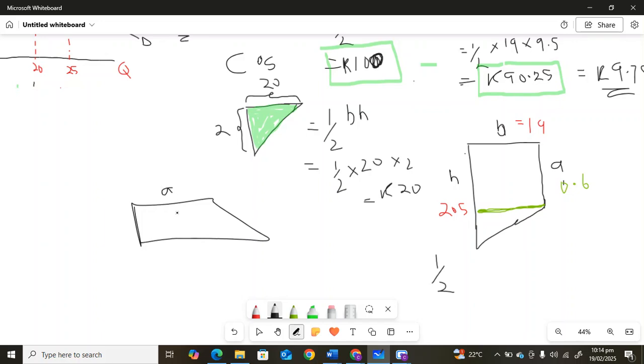On the figure, it's showing A, B, and H, right? So this will be our A, this will be our B, then this will be our H. Since this trapezium is inverted, A is 0.6, B is 2.5, H is 19.